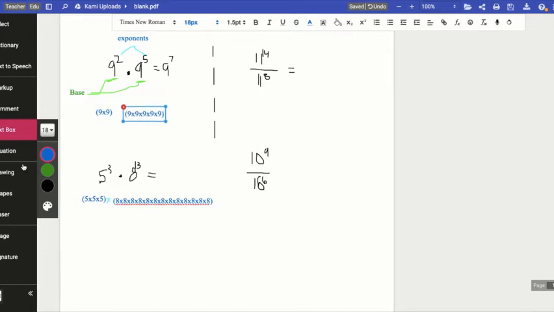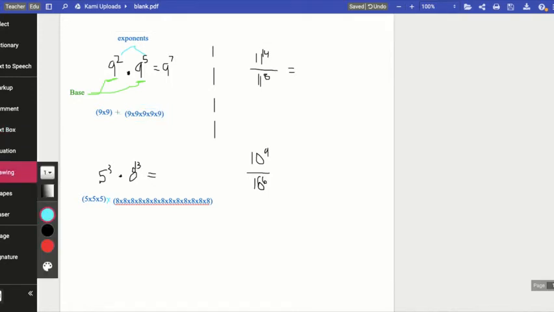And that's why we conclude that altogether we have 7 9s, 1, 2, 3, 4, 5, 6, 7, and that is how we got 9 to the 7th. But down here we cannot conclude that we have 16, 3 plus 13, 16 5s, or 16 8s, and that is why the bases need to be the same.